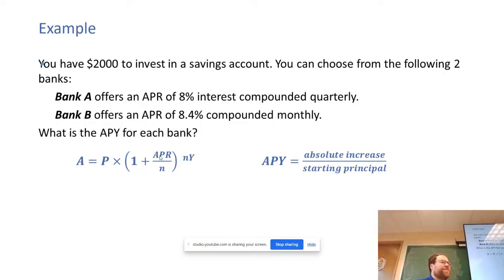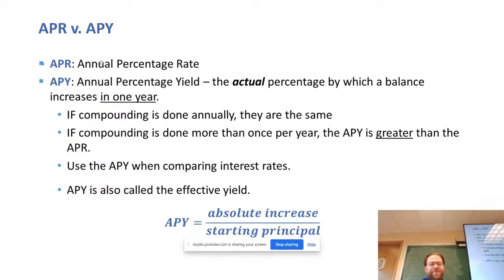APR was the annual percentage rate, so that was the interest rate that you were getting on that there. But APY is the actual percentage by which a balance increases in 1 year. So in other words, it's the change in terms of percent of how much an account goes up in 1 year.